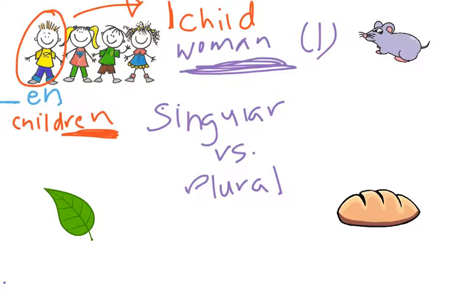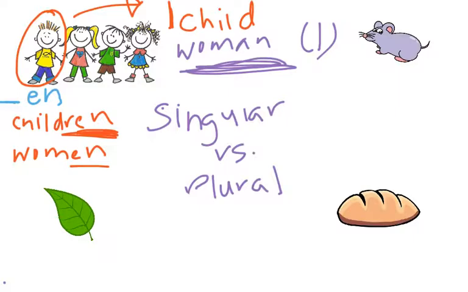Now, if you want to refer to multiple of this woman or multiple of this unit, in a sense, we would have to say women. So again, I will write this down right here. Women is the plural form when we want to refer to multiple of that one woman.